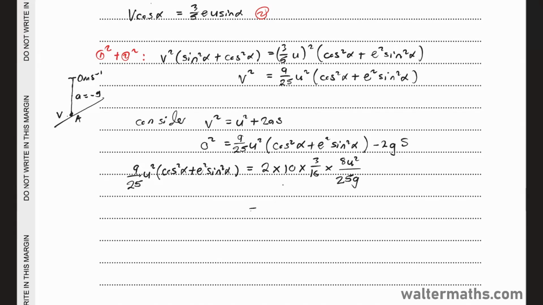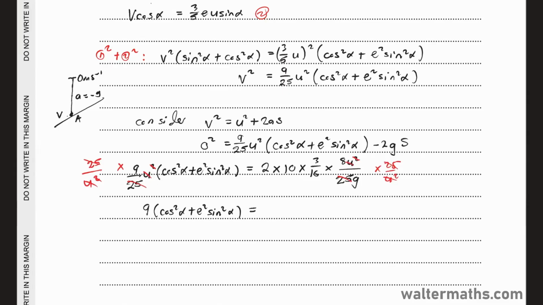Right, so basically I'm going to simplify the right-hand side. Before I do, I'll multiply both sides by 25 over u squared. So the u squareds cancel out, and the 25s as well. On the left, I'm having 9 (cos squared alpha plus e squared sin squared alpha).